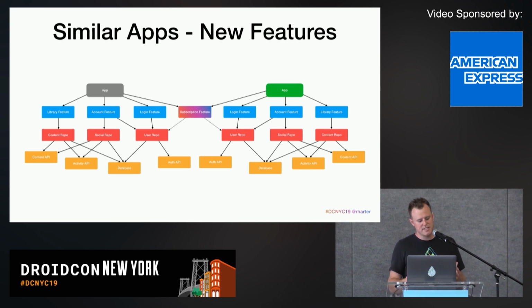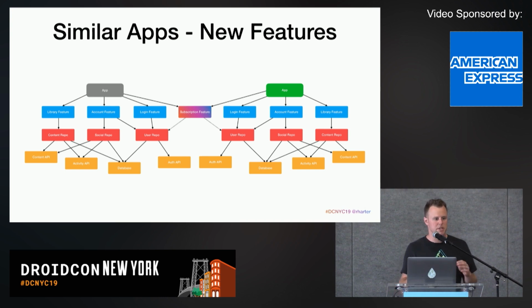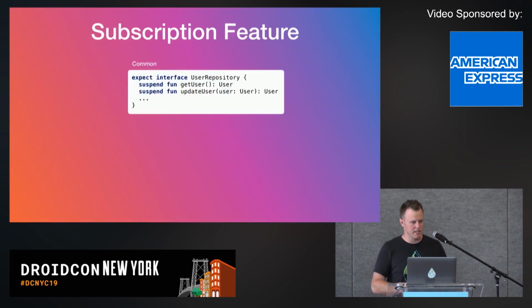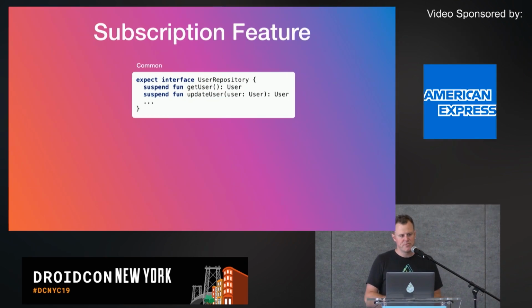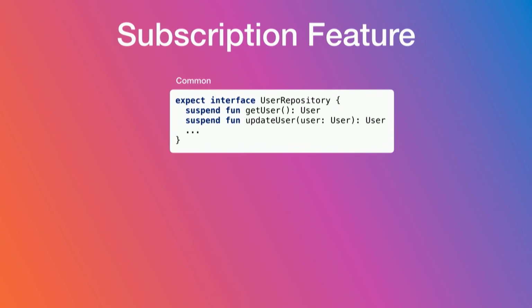Well, that looks really simple. There's a little bit more to it because you're depending on system stuff. And so if we can zoom in a little bit on the subscription feature and take a look, the user repository, since there are multiple platform-specific implementations, in our multi-platform code, we've got the common, we make an expected interface for that user repository, and then we'll have some platform-specific implementations.